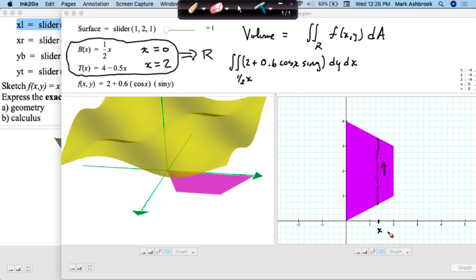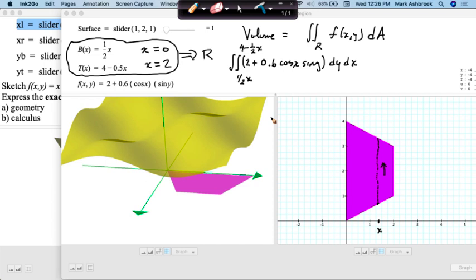We think of x as fixed, but wherever we choose it is going to determine the y that we have. It's always going to be 1/2 of the x that we chose. Does that make sense? So 1/2 x is the bottom. All right, and what's the top? 4 minus a half x. That's the top limit of integration.